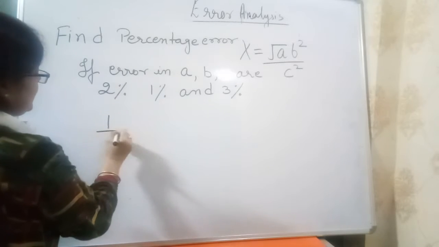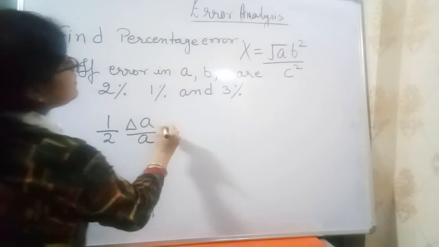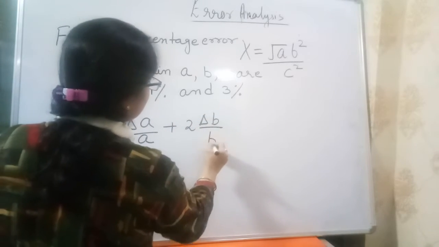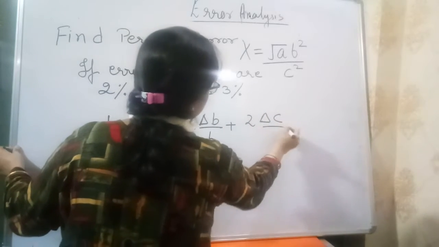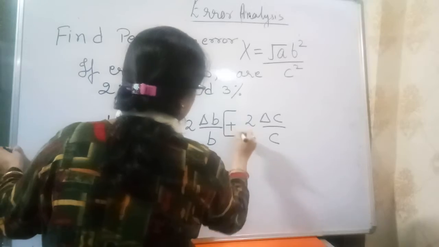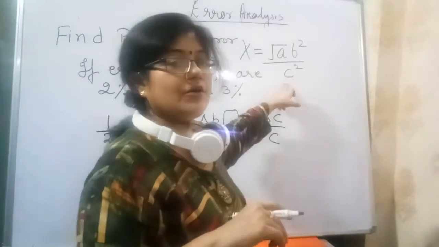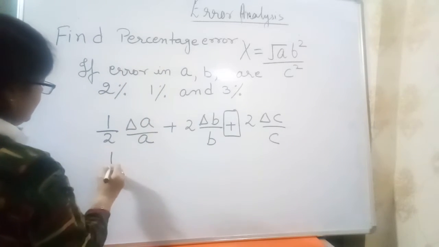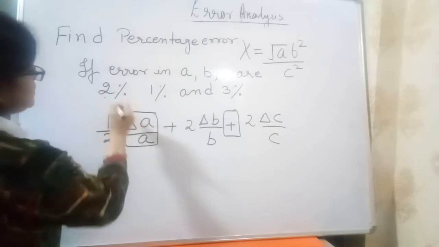We have 1 upon 2 delta A over A plus 2 delta B over B plus 2 delta C over C. Just be careful. We write plus here because C is in the denominator, but we never write minus. Okay, now half delta A over A, what is this? 2.